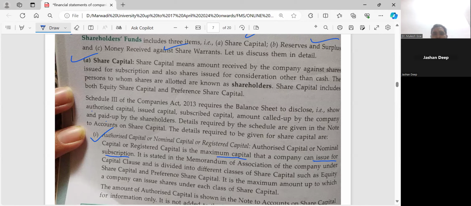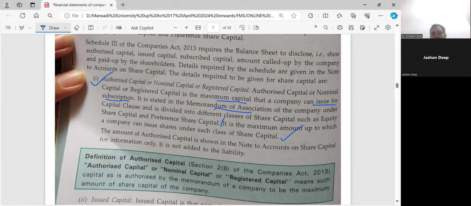It is stated in the memorandum of association of the company under the capital clause, and is divided into different classes of shares such as equity and preference share capital. It is the maximum amount up to which a company can issue under each class of share capital. That's why it is called authorized share capital.